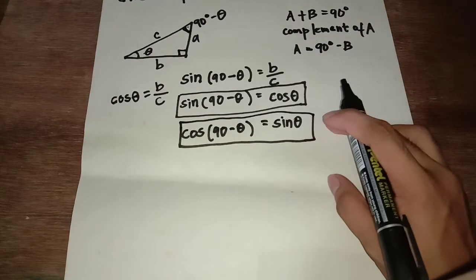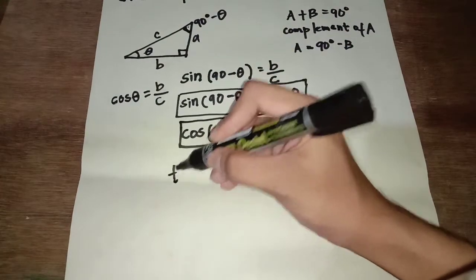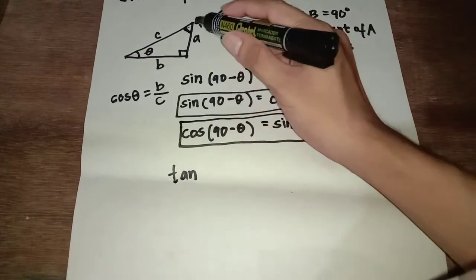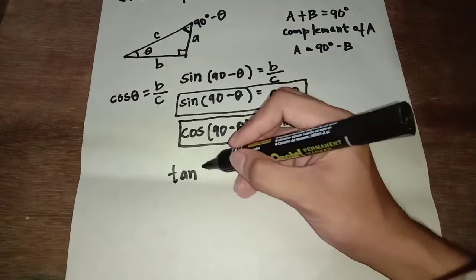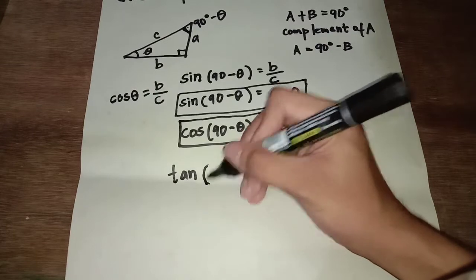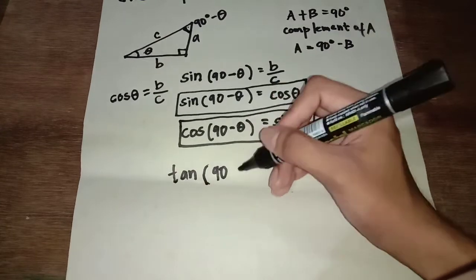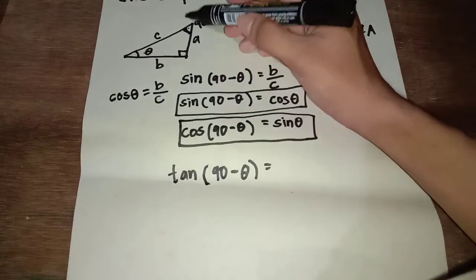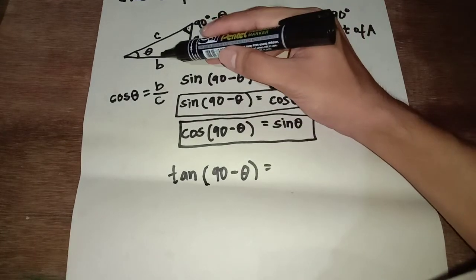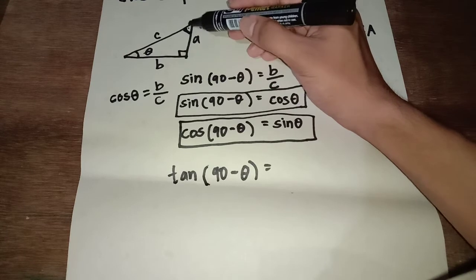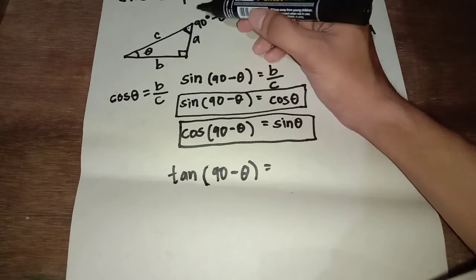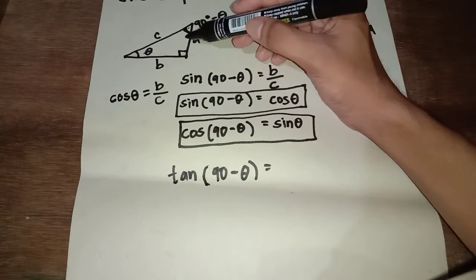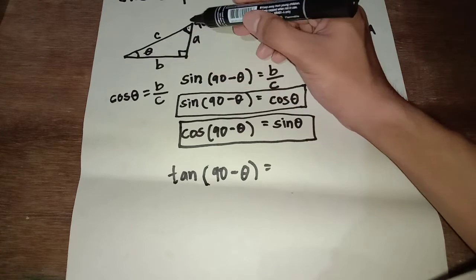So next, so sa tangent of 90 degrees minus theta naman tayo. Tangent 90 minus theta. So if this or reference angle, ang opposite side niya ito, ang adjacent side na ito. So tangent theta is opposite side over the adjacent side.